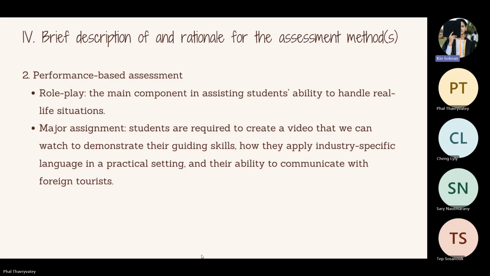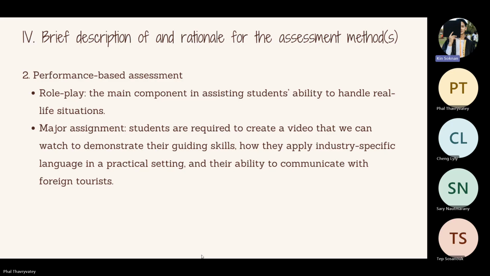When they take a role play like this, they can face real challenges, and at that time they will learn how to solve those kinds of problems. For the major assignment, we assign students to create a video that we teachers can watch in order to see their guiding skills and how they apply industry-specific language.